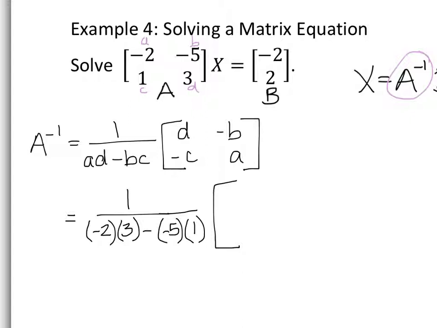Now we can go ahead and fill in the rest. What do we write in that first spot for D? 3, okay. What do we write for negative B? 5. 5 is correct. What do we write for negative C?